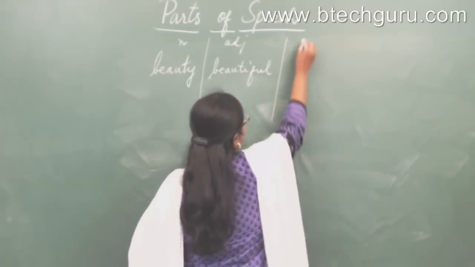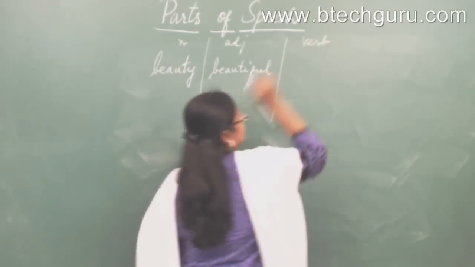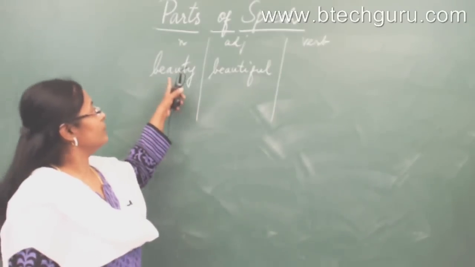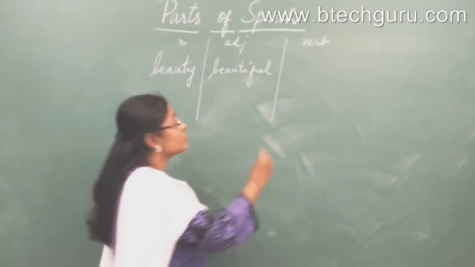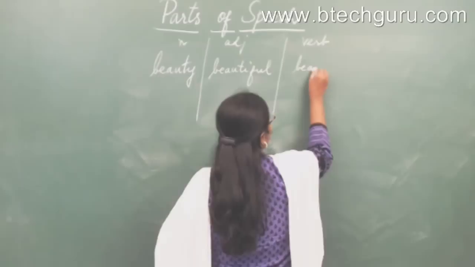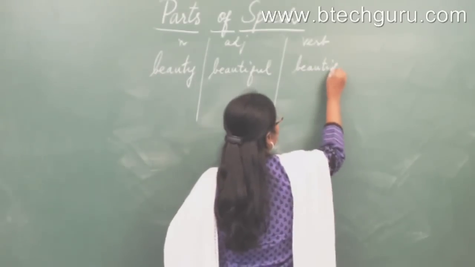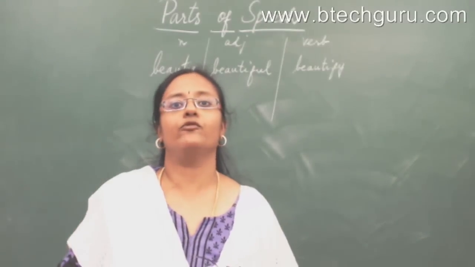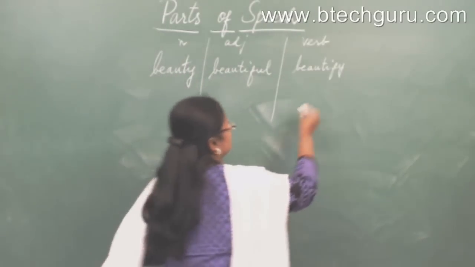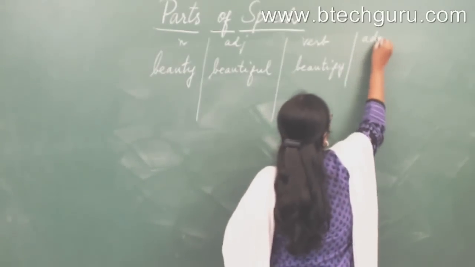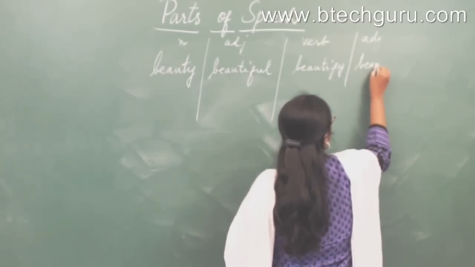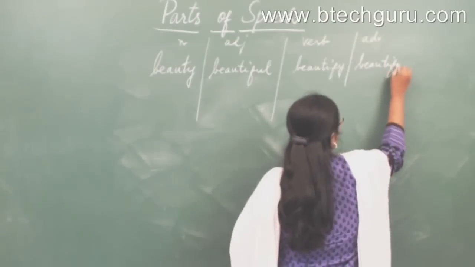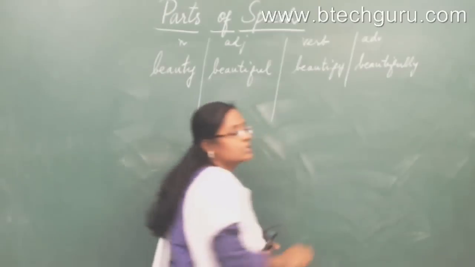Then, is there a verb that can be formed from this? Of course, yes. Beautify. Beautify means you make something beautiful. And the adverb is beautifully. So this is how we learn more and more words.